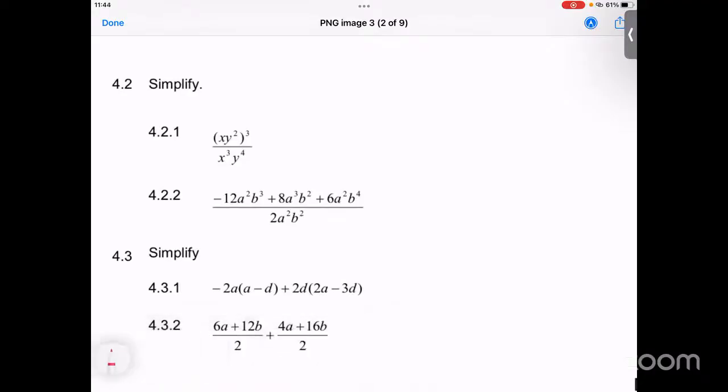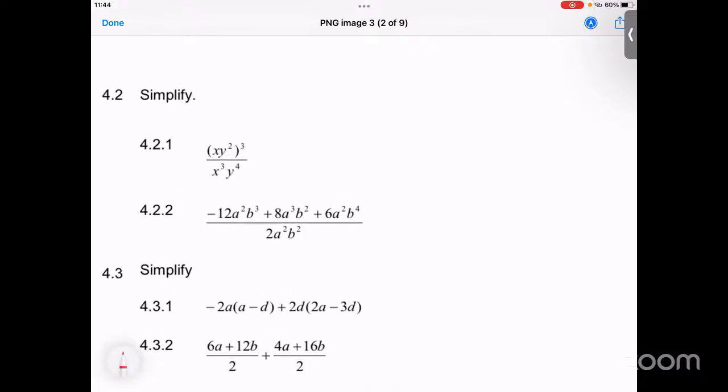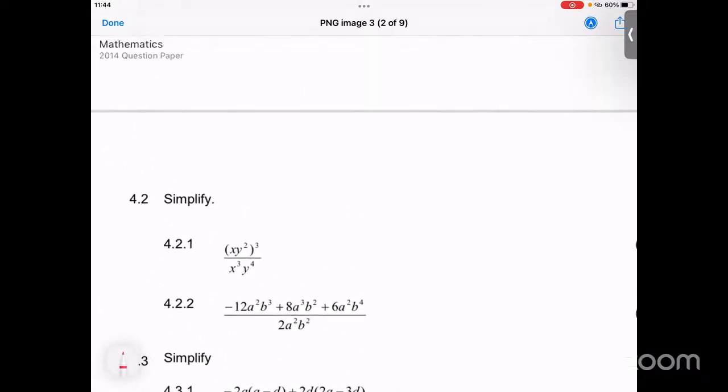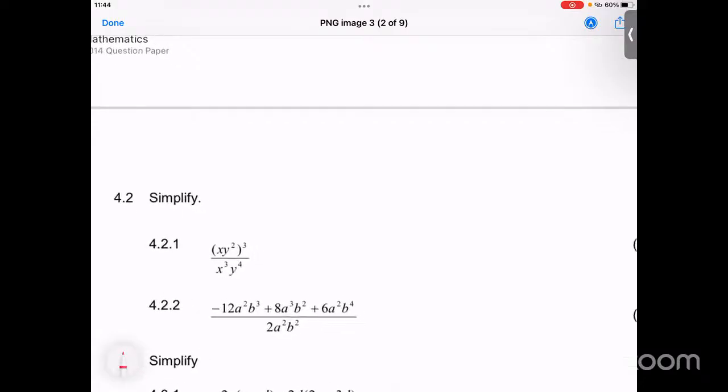Without wasting much of our precious time, I will therefore start with that first one. So remember, honorable member, do not waste your time rewriting the words of the question. Just say, okay, it is 4.2 where I am, and then 4.2.1 is exactly what I'm going to be doing.